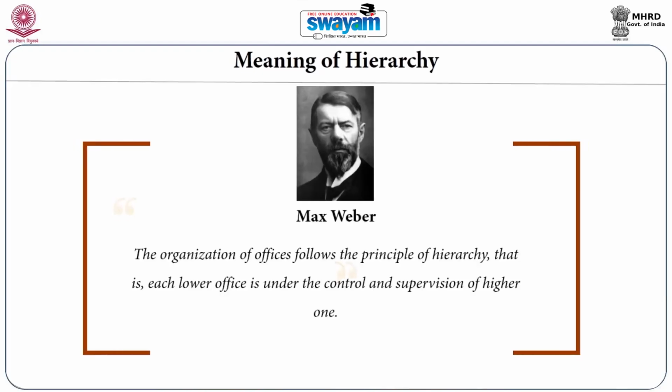And most importantly, we look at Weber, who is the pioneer of the theory of bureaucracy, who proposed that hierarchy is one of the important characteristics of bureaucracy. To him, hierarchy is the organization of offices that follows the principle of hierarchy, that is, each lower office is under the control and supervision of a higher one.